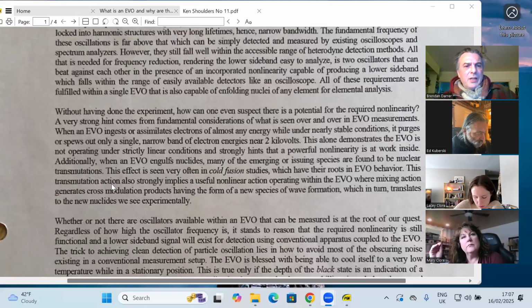This transmutation action also strongly implies a useful nonlinear action operating within the EVO, where mixing action generates cross-modulation products having the form of a new species of wave formation, which in turn translates to the new nuclides we see experimentally.